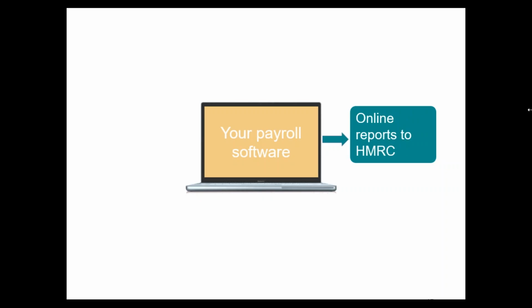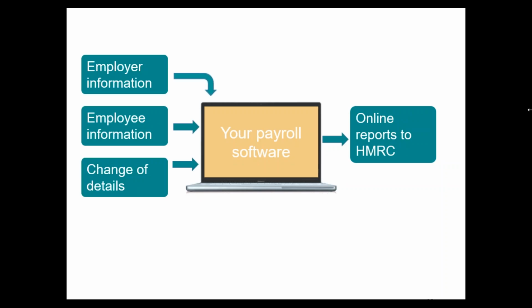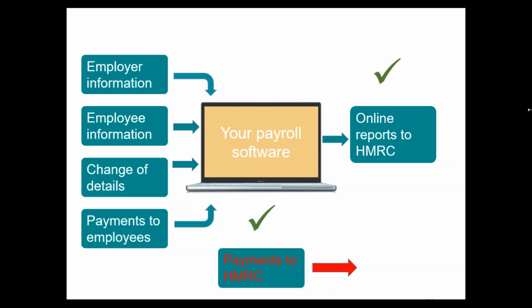These are based on what you've entered when you fill in your details as an employer, when you first record an employee's details, whenever you make a change to an employee's details, and every time you make a payment to an employee. Then you need to pay HMRC what you owe based on your reports, usually every month. If your reports are correct, you can pay the correct amounts to HMRC during the year.